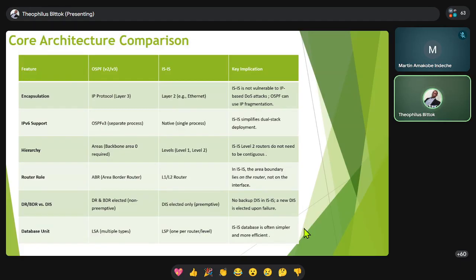OSPF usually operates on layer 3, that is on IP, and ISIS is on layer 2. You remember before I told you, when it comes to sending the hello packets, it always uses a multicast MAC address, a multicast MAC address for a point-to-point network and a different multicast address for a broadcast network.